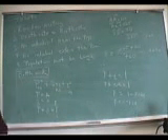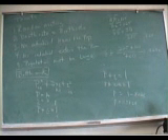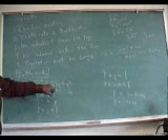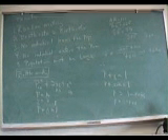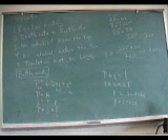2PQ. Okay, so you multiply 2 times the frequency of big A times the frequency of little a. Calculate the expected gene frequency for each one of these: P squared, 2PQ, or Q squared. And you say multiply 2PQ times what? So I know the frequency of big A and I know the frequency of little a.